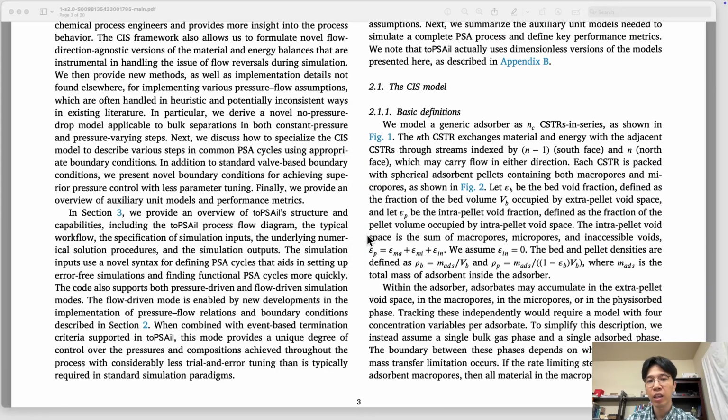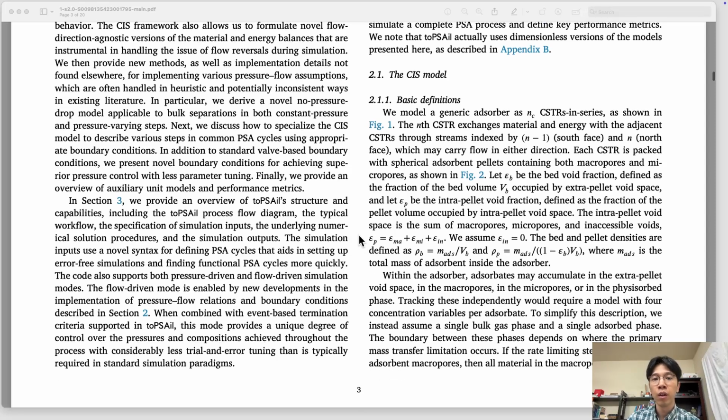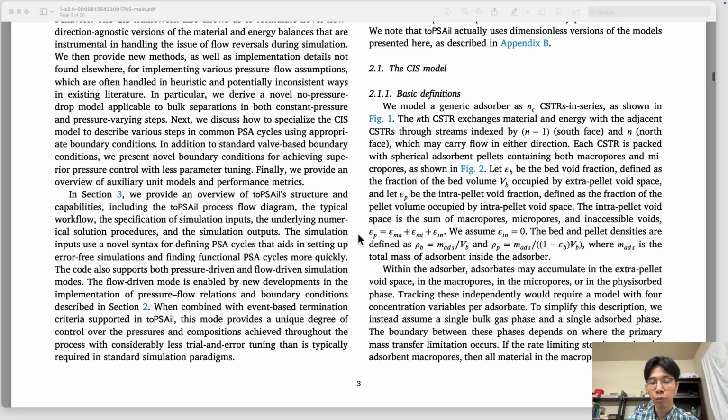Because each pellet has pores, because the pellets are made out of binders aggregated with different adsorbent materials, and adsorbent materials are powder materials. So when you synthesize and produce these pellets, there's going to be porosity, and there's going to be total internal porosity, which is represented as epsilon p.